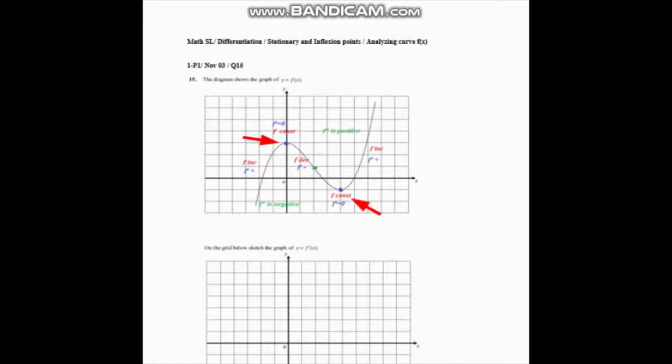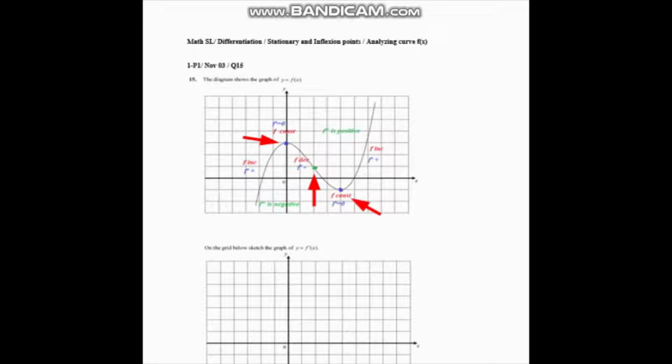Next, we identify what we call the point of inflection, and this is the point that separates the frown from the smile, or vice versa. This is the point where the curve changes concavity, and it is right there in green. At this point, roughly, this is not an exact measurement, but roughly this is the point on the graph where f double dash goes from negative to positive.